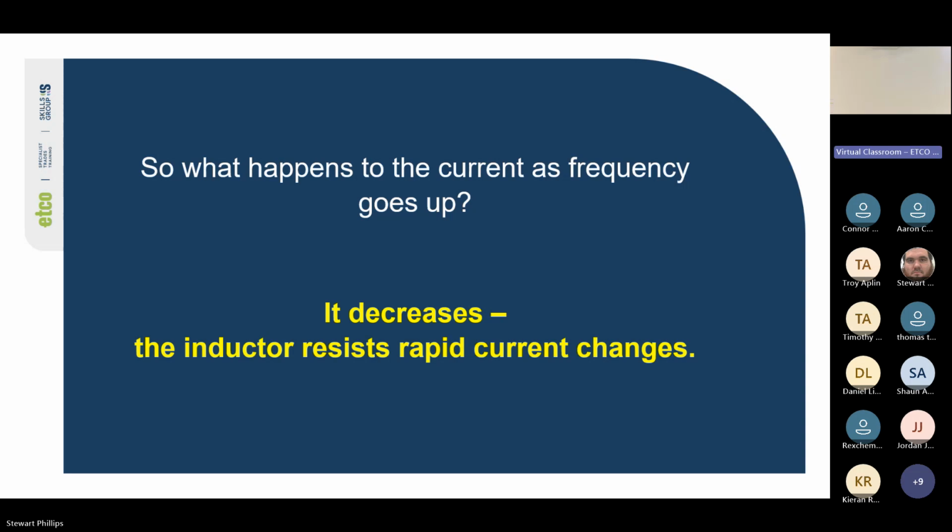Cool. So when we talk about reactance, we will eventually, I think it's either next session or the session after, start looking at impedance. Does everyone remember the term impedance? Or has everyone heard the term impedance? Cool.